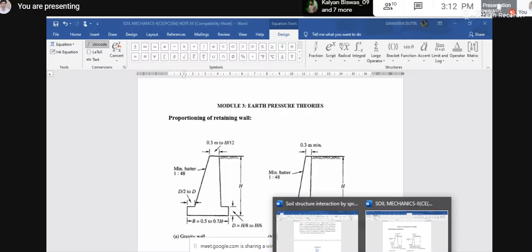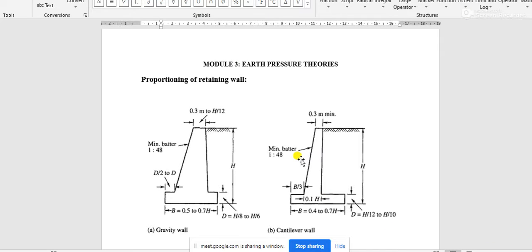And as these retaining walls are simple structures, we only assume the dimensions. In the cantilever type of retaining wall, we can also provide some steel bars.